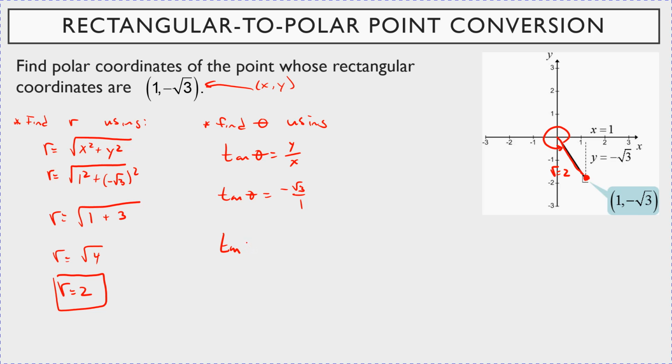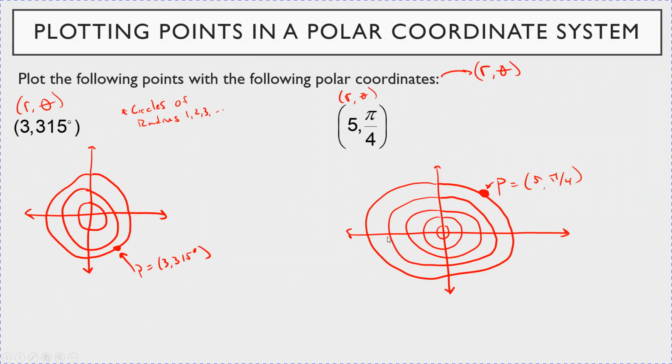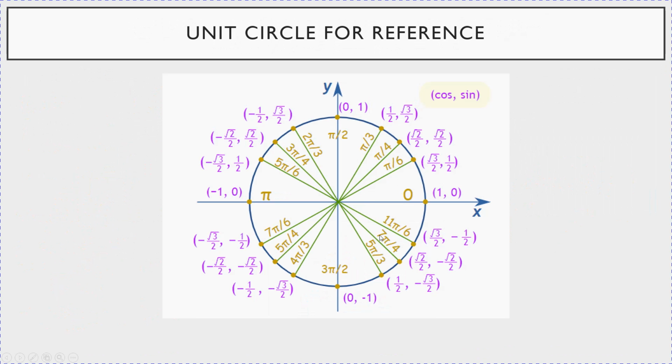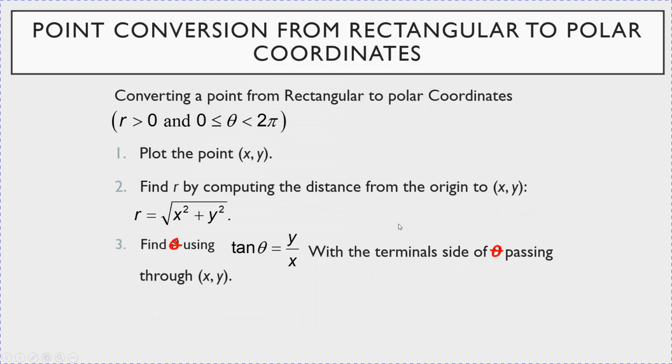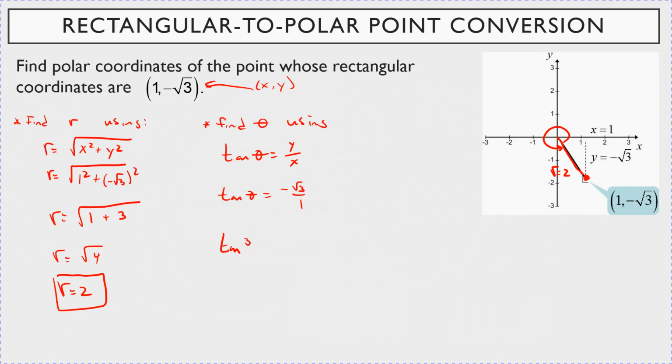So tangent here, going back, 5 pi over 3 here, okay? It's negative square root of 3 over 2 divided by 1/2, which gets you negative square root of 3.